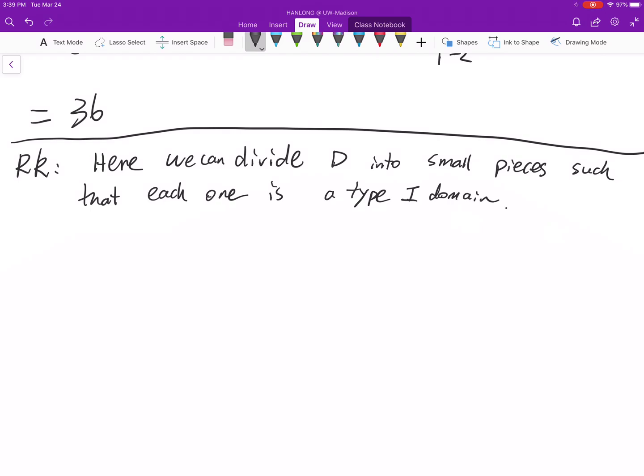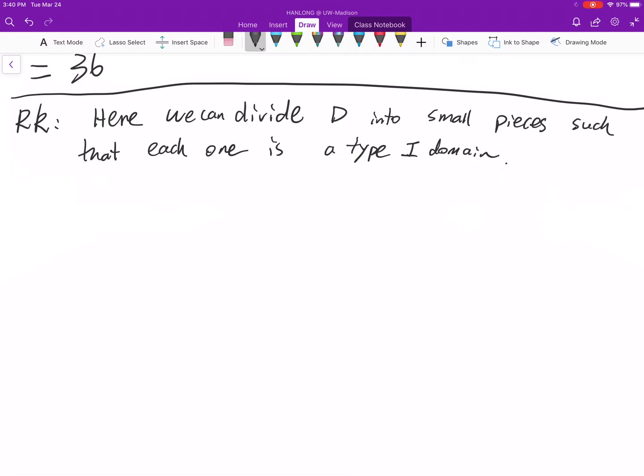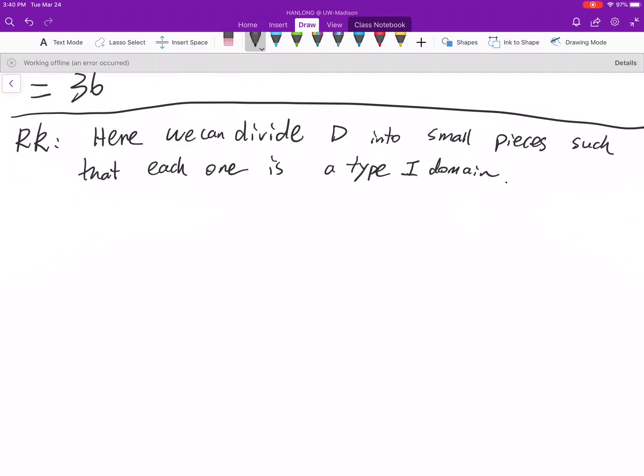Therefore, you can use the type 1 domain technique to compute each of the small integrals and then sum them up.